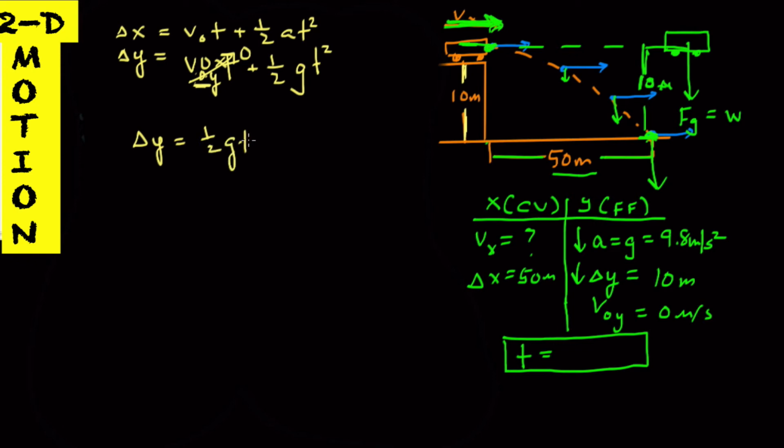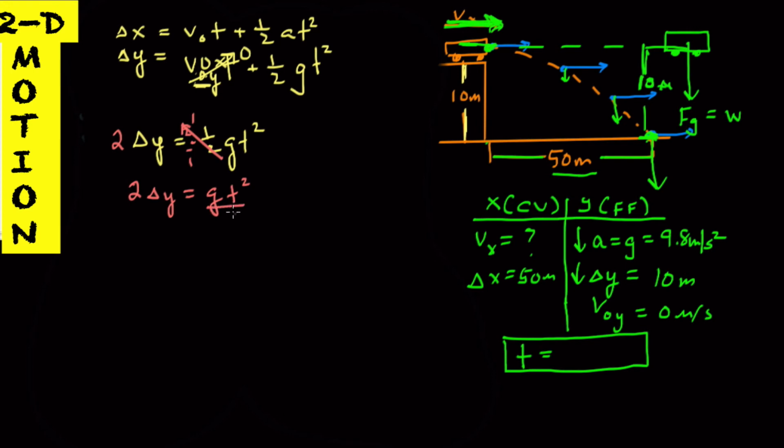If I want to solve for t, I need to isolate it. To get rid of 1/2 on this side, I can multiply both sides by 2. This would be 1, right? 2 over 2 is 1. But I'd have to multiply this side by 2. I would end up with 2 delta y equals gt squared. I want to isolate t, so I'm going to divide out g from both sides.